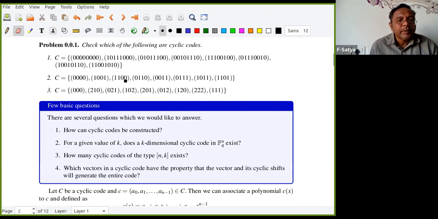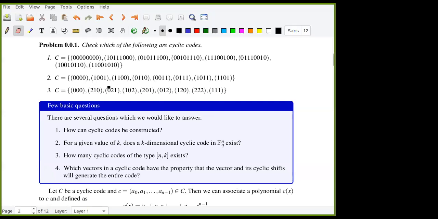If you shift this one, 0 comes to this side, so 0110. Shifting this gives 0011. Shifting again gives 1001, which is already the first one. Kaustubh, is it a cyclic code? Yes, sir, it is a cyclic code.